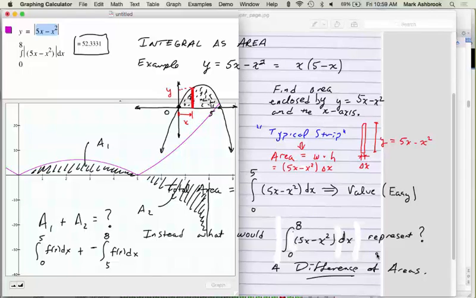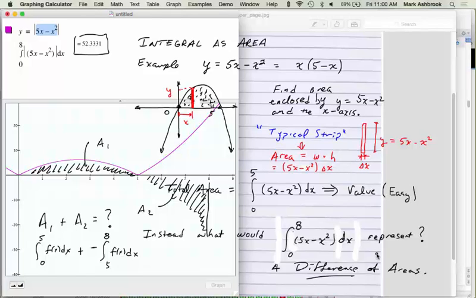Total change is like that: whenever the rate is positive, it adds to your total change. Whenever the rate is negative, it subtracts from that total amount of change. That's analogous to what happens with area. When you're below, you end up subtracting that area. That's what that integral does.